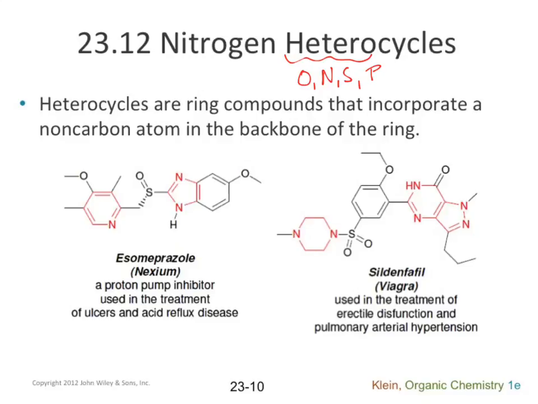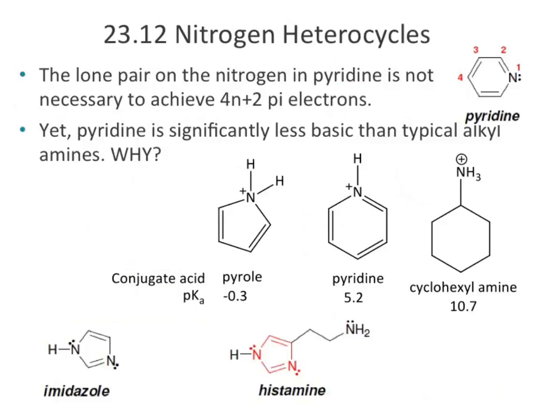Okay. Believe it or not, we've also already looked at these when it comes to pKa's. Okay. So acidity. Why might we expect these substantial acidity differences between pyrrole, pyridine, and cyclohexylamine?